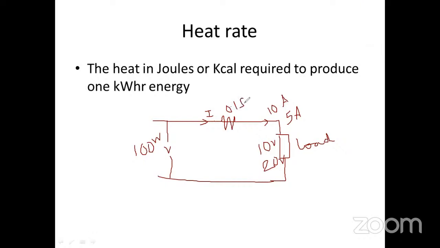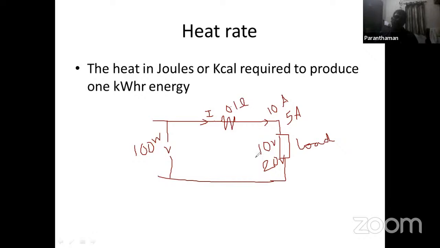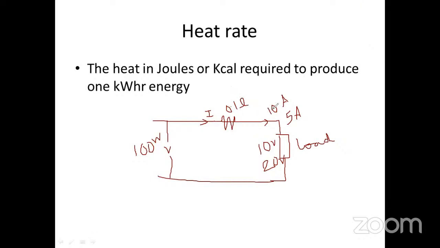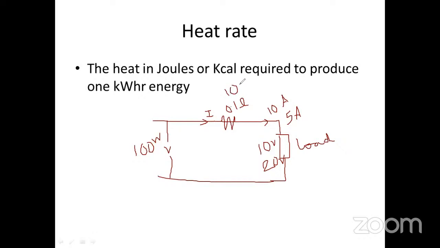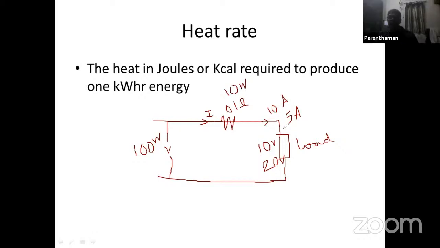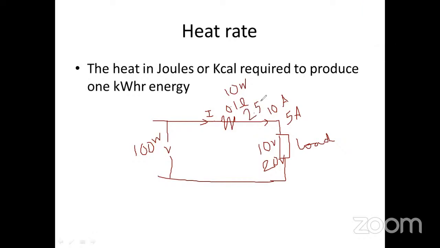In the first case, what will be the loss? I squared R means 10 squared, 100, into 0.1, 10 watts. Am I right, sir? In the second case, 5 squared, 25, into 0.1, 2.5 watts. Am I right, sir? Yes.